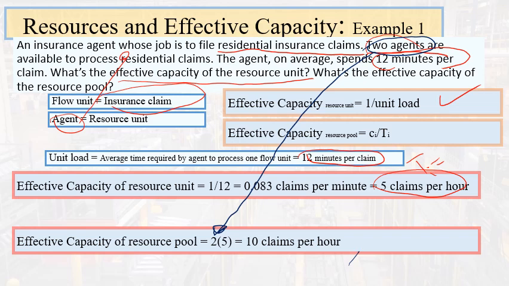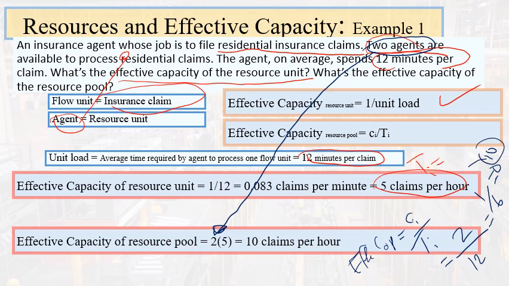We could have said effective capacity is equal to CI over TI, where CI is 2 because we have 2 agents in that resource pool, and TI is 12, so that gives us 1 over 6, but that's claims per minute, and when we convert it in terms of hours, we get 10 per hour. So 10 claims per hour.